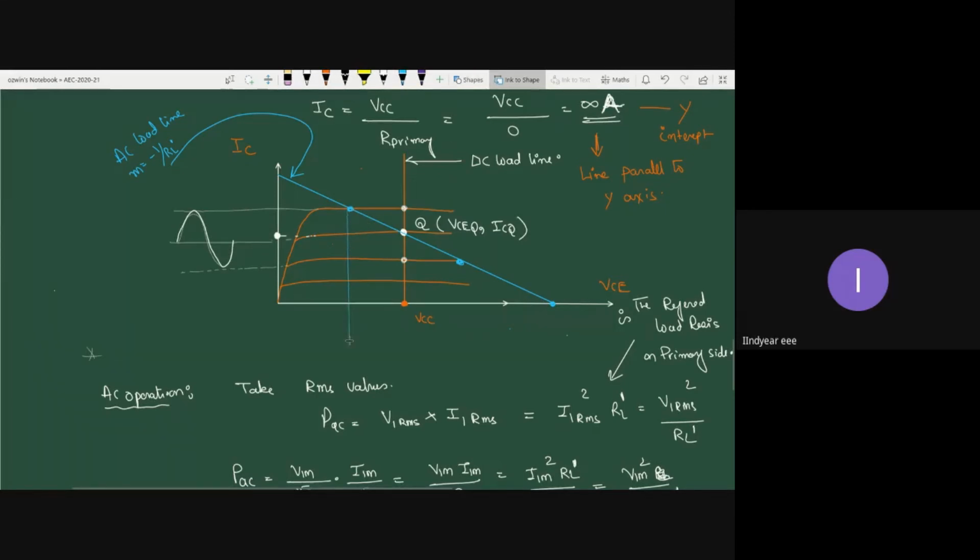Here, and then from the VCC value, and then from this. Once you have this, you can draw the voltage waveform.